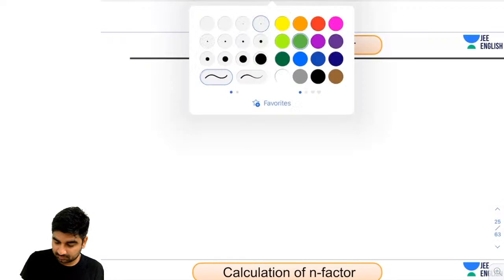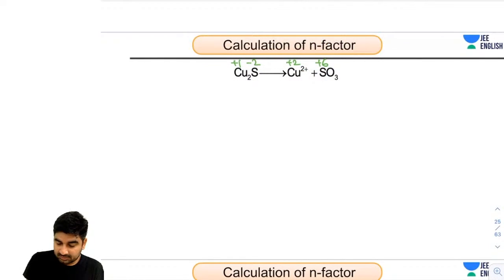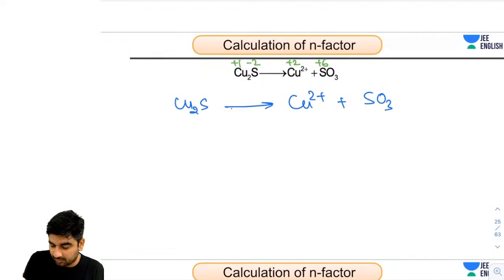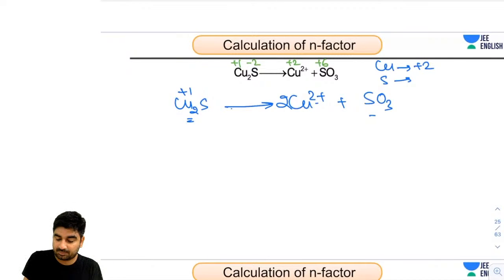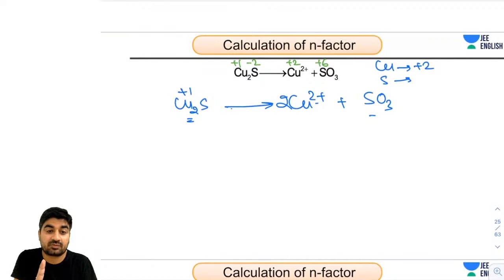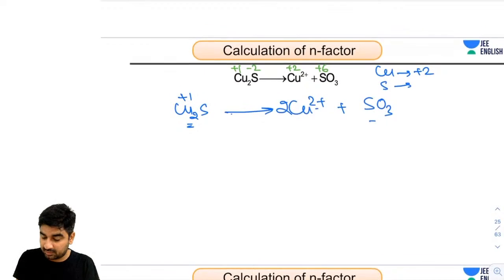So Cu2S giving you Cu2+ and SO3. So just balance the copper, and SO is already balanced. So just check how many electrons are exchanging. Here we have +1. On 2 we will have +2. Here we have +2 and 2 electrons. So there will be a total of 4 electrons.